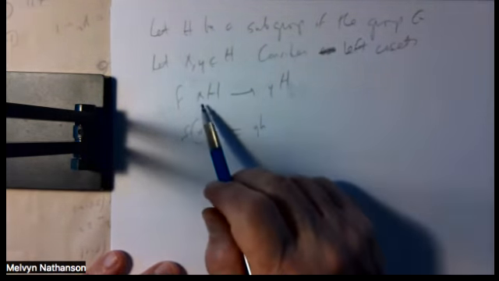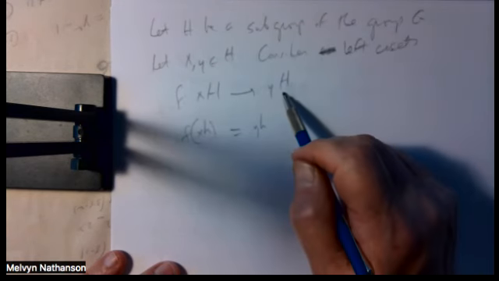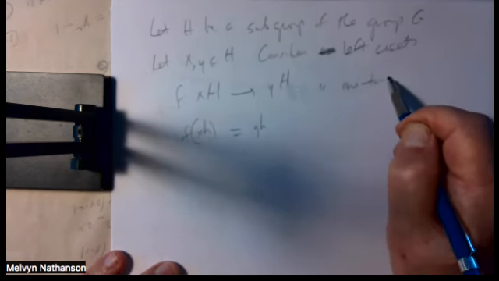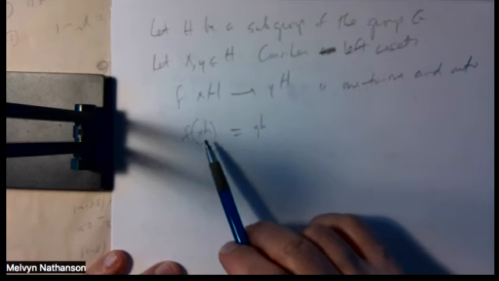So this function from the left coset xH to the left coset yH is 1 to 1 and onto. Because everything here is of the form yh, so it's the image of something, and every yh can only come from xh.